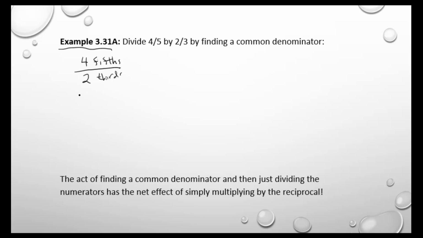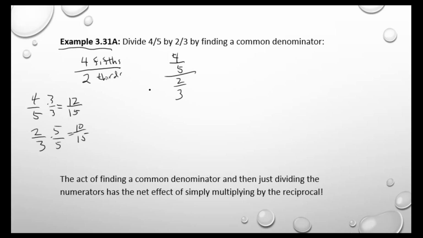So I'm going to change these into 15ths, because that's the LCM of thirds and fifths. So I'm going to get 12 15ths here, and I'm going to get 10 15ths here.